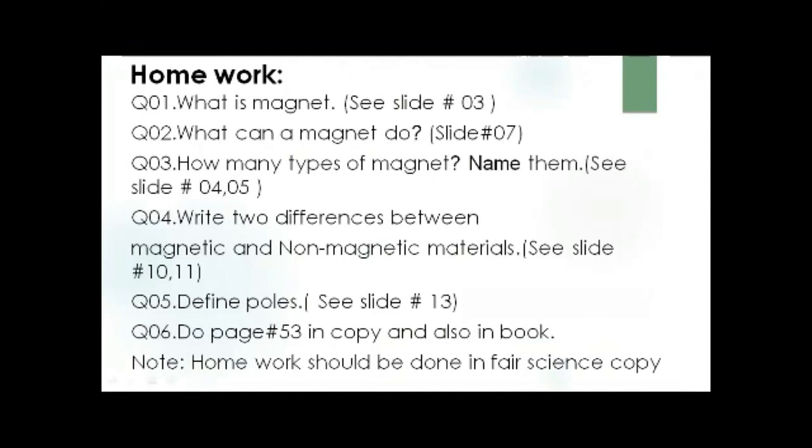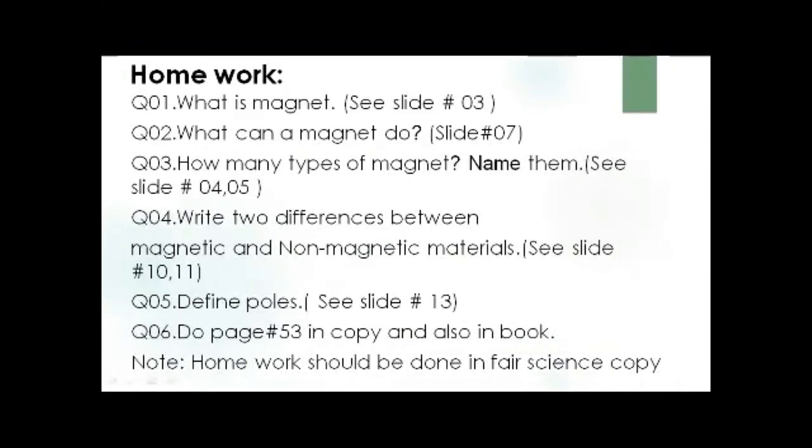So students, are you ready for the homework? This is your today homework. What is a magnet? So students, as I told you, a magnet can push and pull things without touching them. For the answer, see slide number 3. Question number 2, what can a magnet do? For the answer, students, see slide number 7.